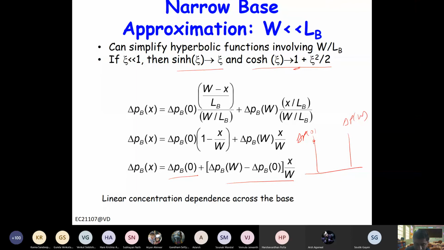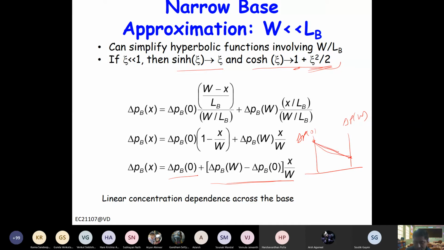So the value is given by this, and this is basically varying linearly. Now of course, using this expression will not give you the base current because it is assuming just linearity. If you include the x square by 2 term, this non-linear thing, then you can get the slight curvature here also.